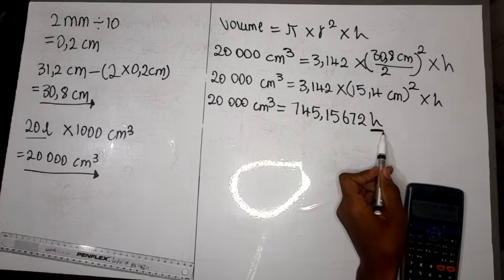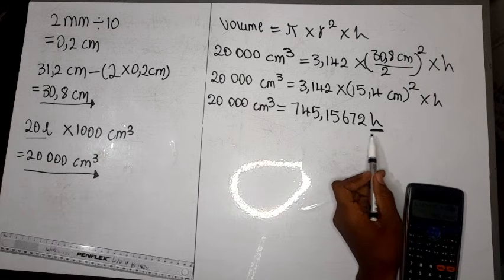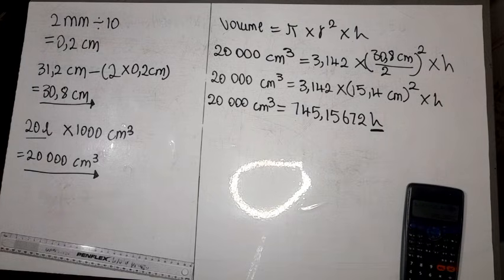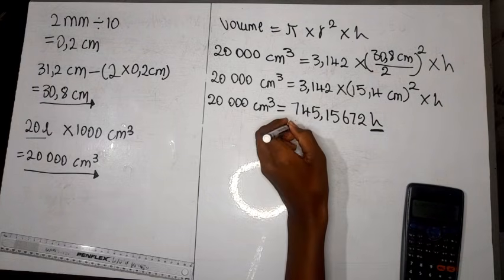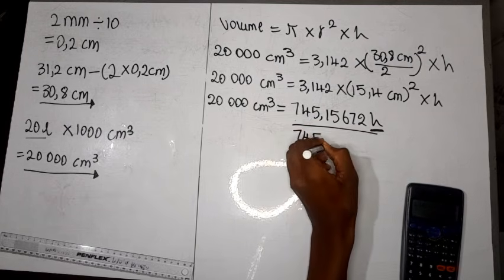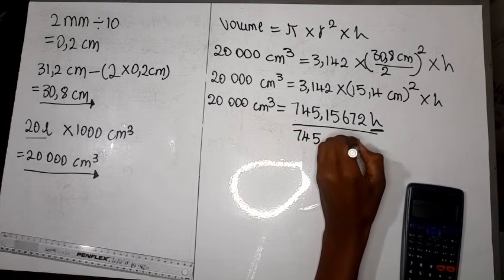So on this side of the equation, we have to be left with only the height. So we have to remove this number, and the only way to remove it is if we divide it by the number 745.15672.